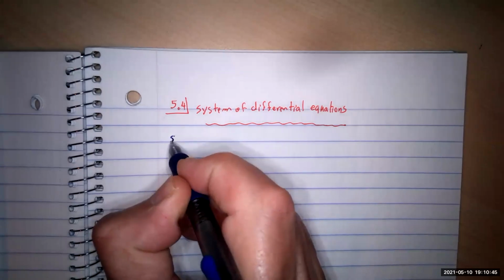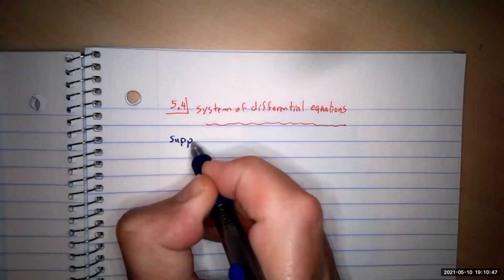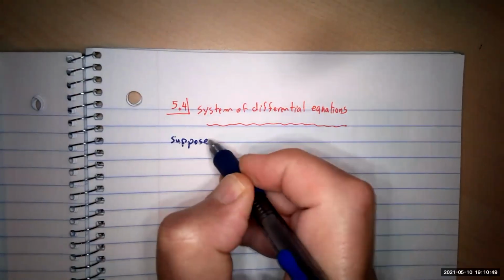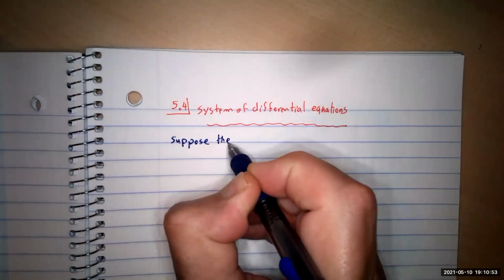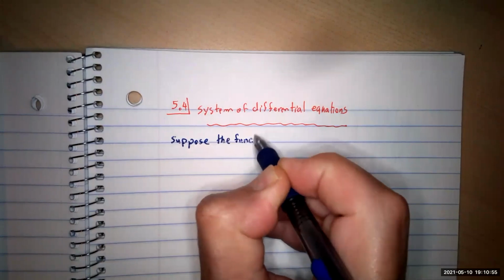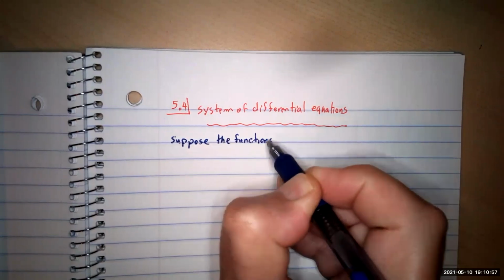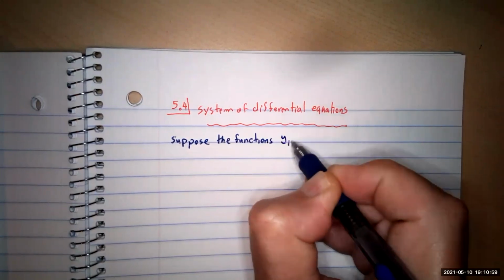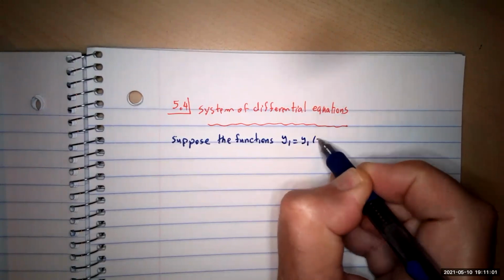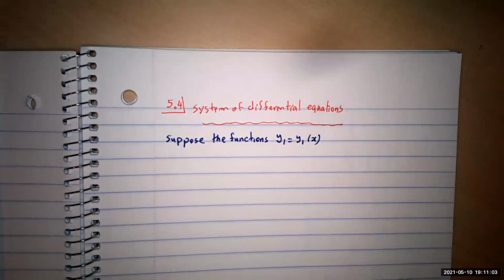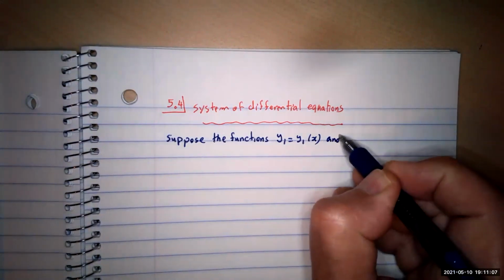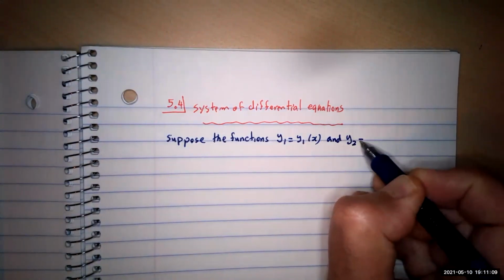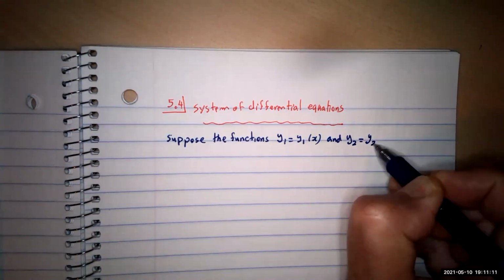Suppose we have the functions y1, which is equal to y1 of x, just a function of x, and y2 equal to y2 of x.